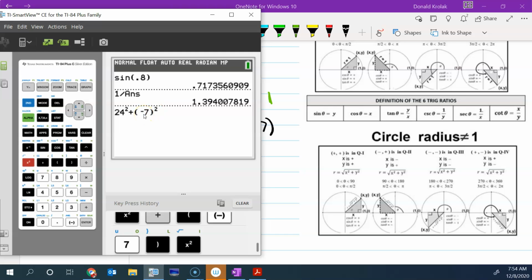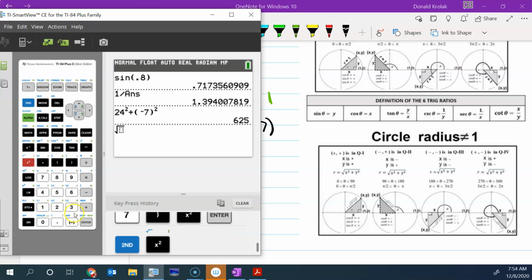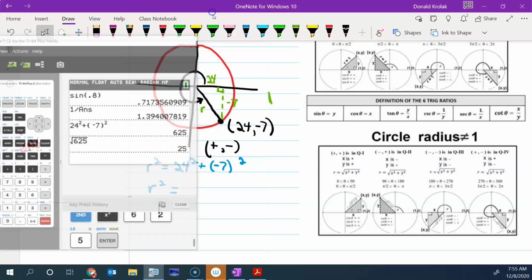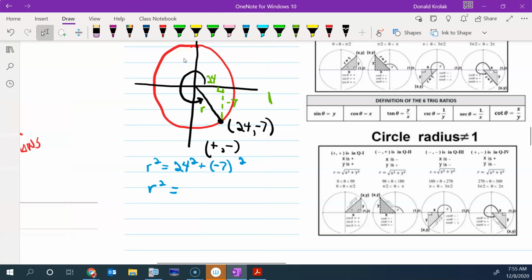If you just put in -7 squared, it won't do it correctly. It's got to be in parentheses. So it's -7 times -7. That's 625, and now I'm going to do the square root of that. Second square root, 625, and that's 25. So the radius here is 25.